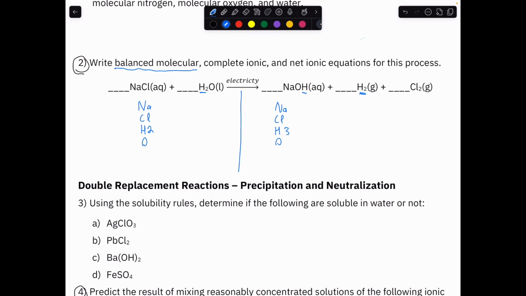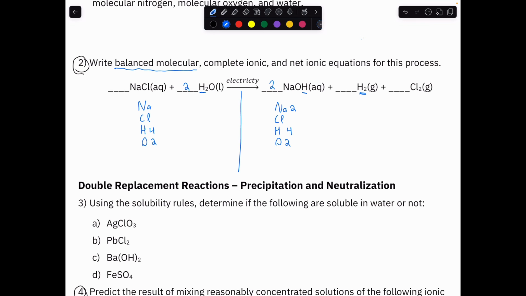What I'm going to do personally is I notice that if I put a 2 right here, I'm going to have 2 sodiums, 2 oxygens, and instead of the 3 hydrogens from before, I'll have 4 hydrogens. And I think that makes it a little easier on the other side if I just put a 2 right here, then I'll have 4 hydrogens and 2 oxygen.